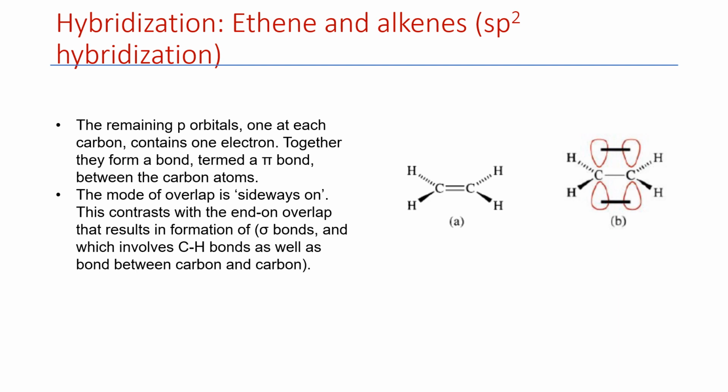So the hybridized orbitals will overlap with other orbitals end-to-end to form the sigma bond, but the 2 p orbitals from the 2 carbons will overlap side to side to give you the pi bond.